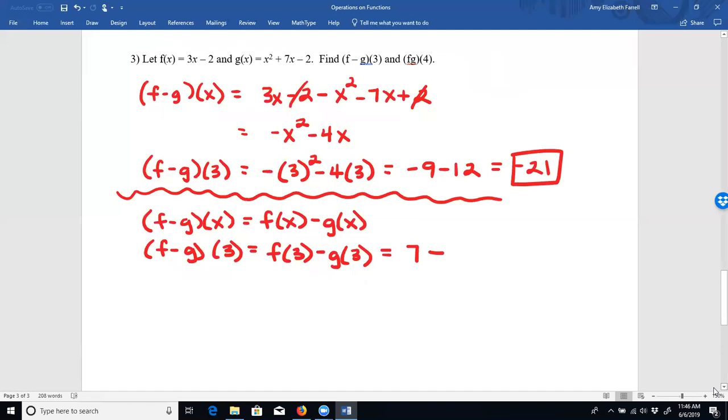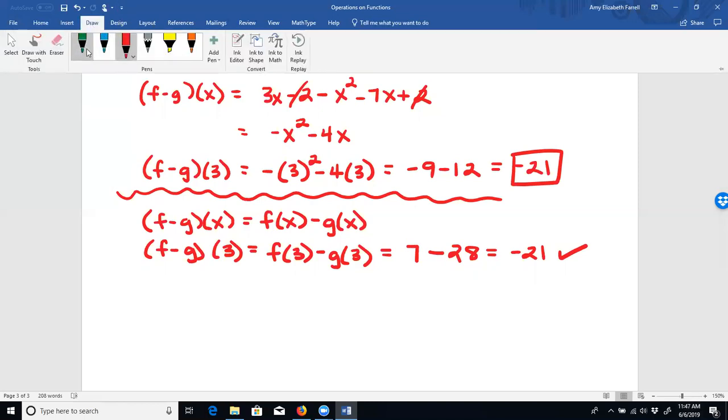So I'm going to plug 3 into that. 9 plus 21 minus 2, which would be 28. And then you just subtract and you get negative 21. So same thing, I'll just put a little check mark, exact same answer. I did not have to find f minus g of x. I just had to find f of 3, g of 3, and subtract the two numbers.